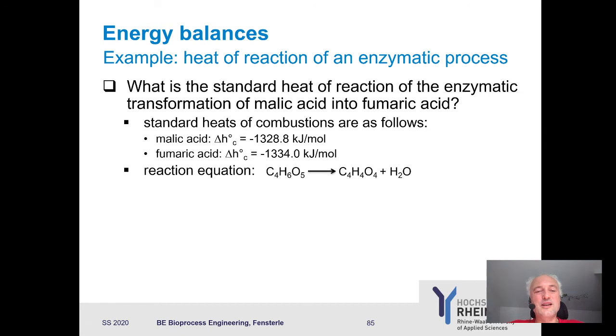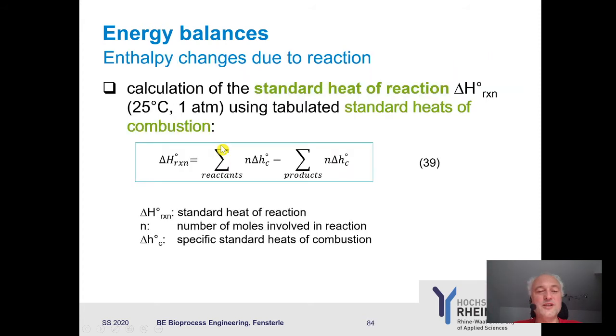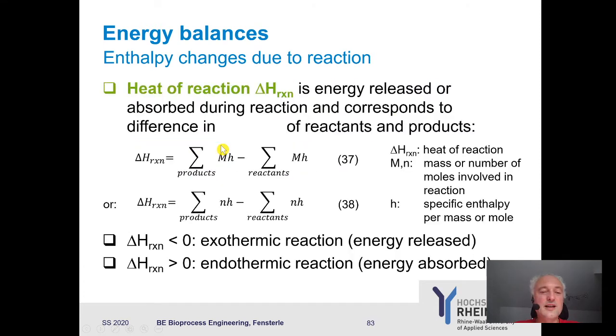We have malic acid, fumaric acid, and the standard heats of combustion: for malic acid minus 1328 something kilojoules per mole, and for fumaric acid minus 1334 kilojoules per mole. You can do these equations either with mass or molar values, depending on what has been listed.